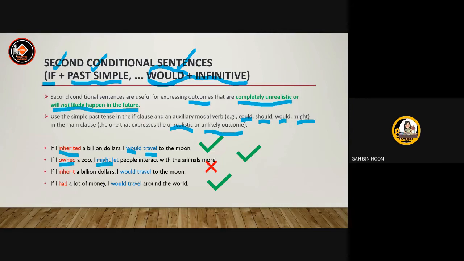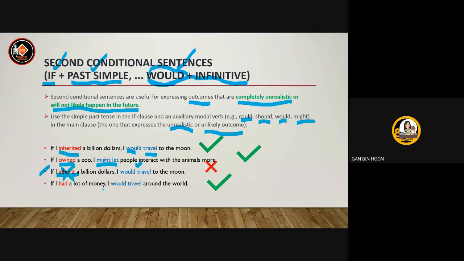If I inherit $1 billion, ni dah salah. Must be inherited because it's past tense. I would travel to the moon, ini betul, but the first one, inherit, is wrong. Sometimes you forget and tend to write this. Benda yang tak logik tak boleh guna present, kena guna past tense.